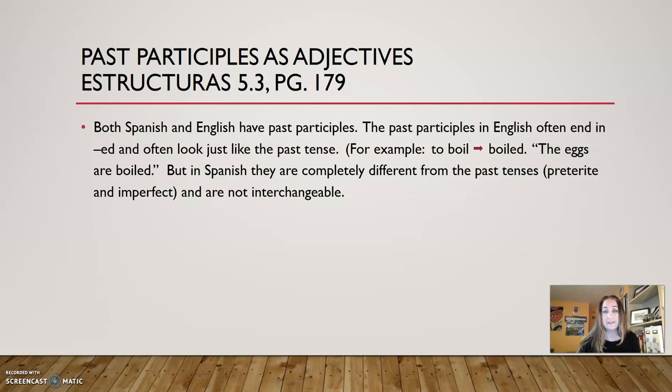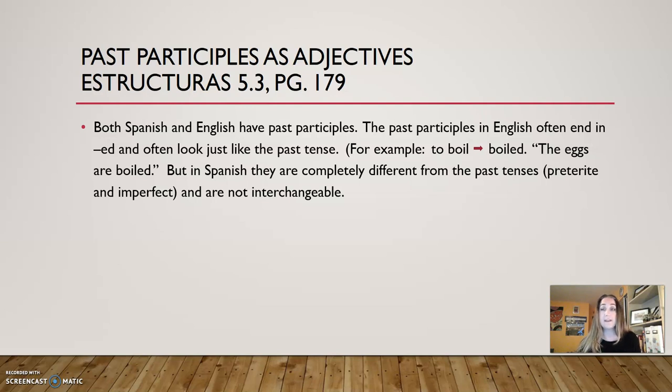They look the same. For example, the verb to boil: boiled is both the past tense and the past participle. As a past participle, for example, we could say the eggs are boiled. It's not the past tense.